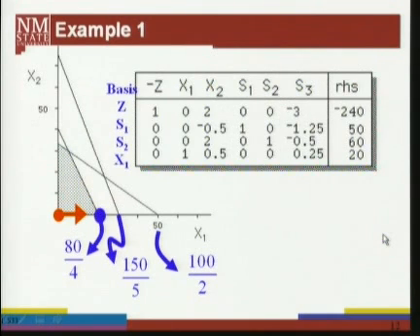Now you come up with this new tableau resulting from the pivot. And based on this new tableau, our new basic solution would be this blue point, right? That is, we can say that the pivoting has taken us from one corner to an adjacent corner point, okay?